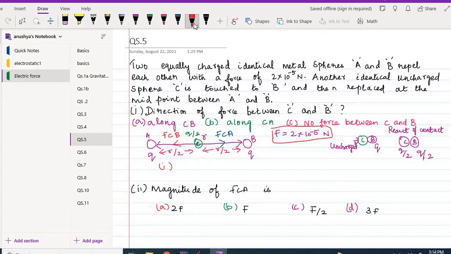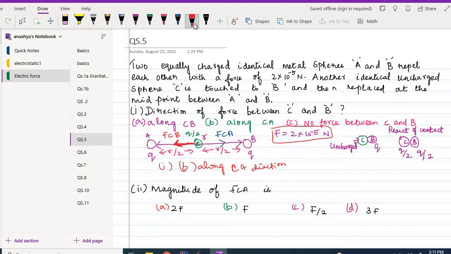C is positive, B is also positive, so C experiences a repulsive force due to B. It will be repelled due to B, so it is along the direction of AC. So the answer is B, along the CA direction.